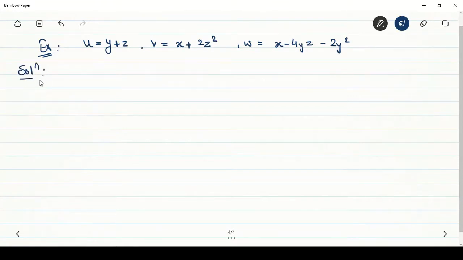To check whether u, v, w are dependent or independent, we will find the Jacobian, and according to its value, we can say whether the functions are independent or dependent.